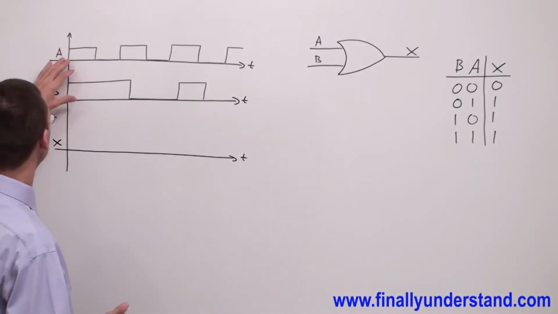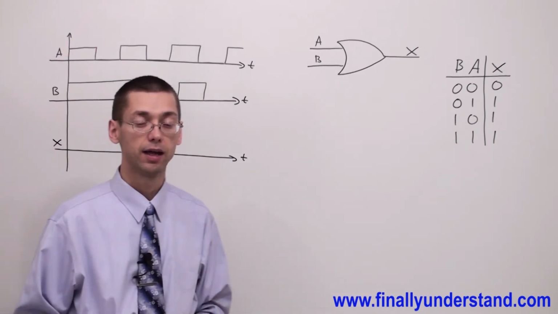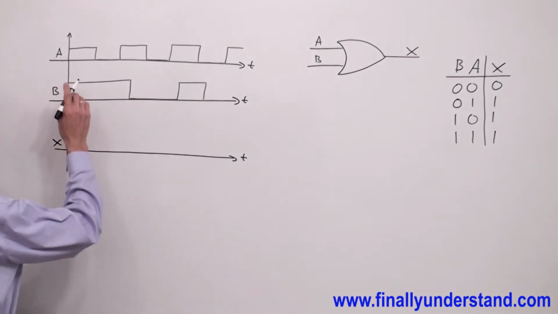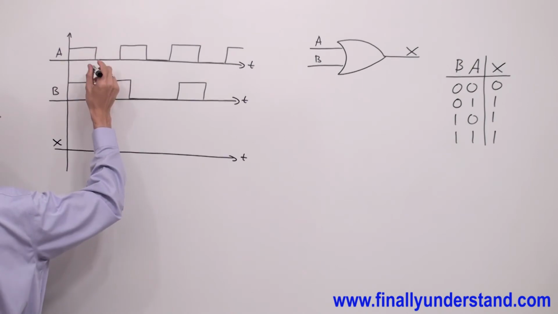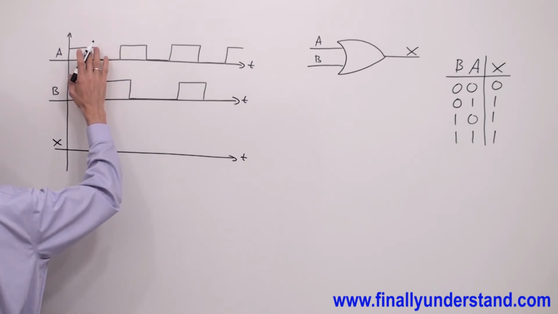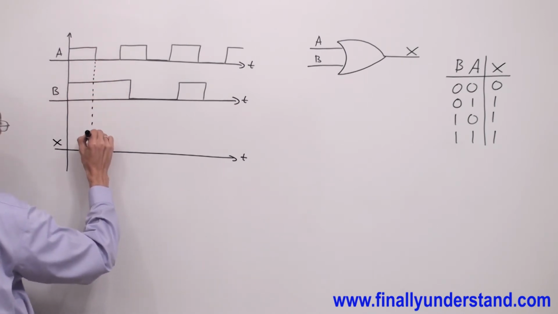Like always, we're supposed to look at each waveform and mark every single change. You're supposed to mark every single transition from high to low or low to high by drawing a dash line. So I have the first transition from high to low at this time, so I'm going to draw the dash line.